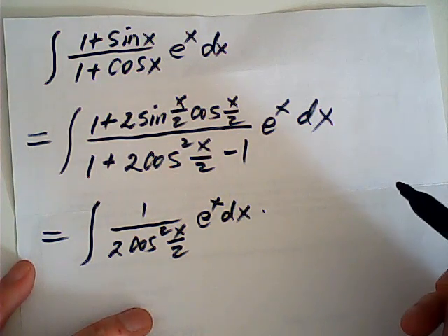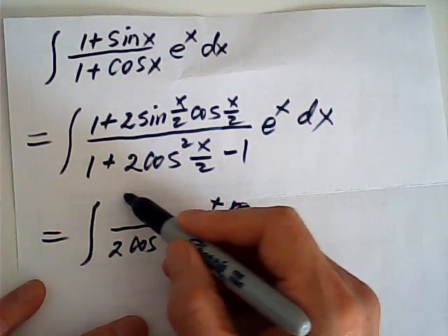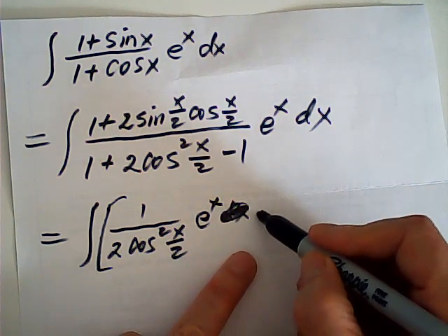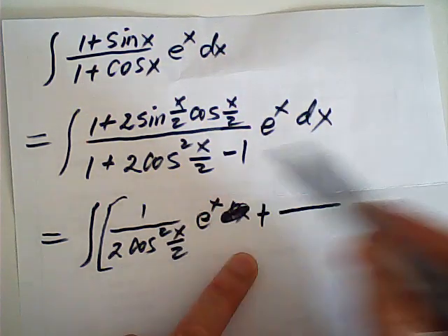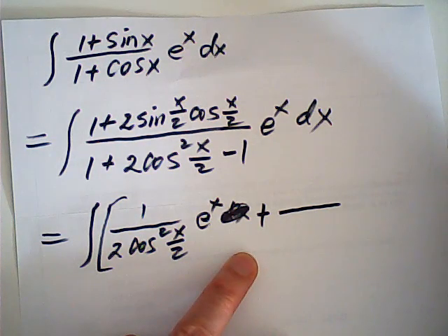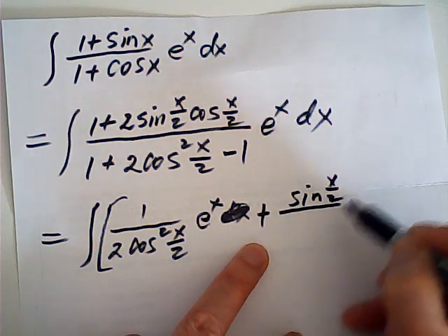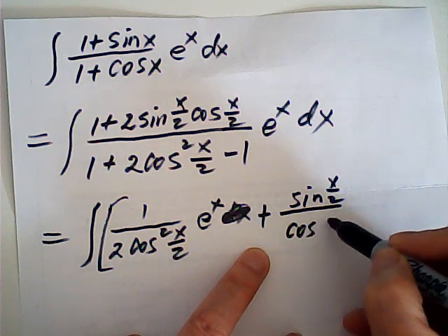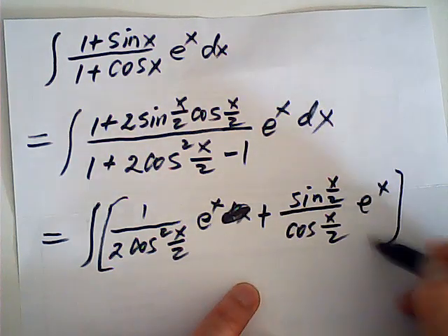I'll put the dx together. So the second part of the fraction is this. 2 and 2 cancel out. Cosine cancels out. It becomes sine half x over cosine half x, e to the x together with dx.